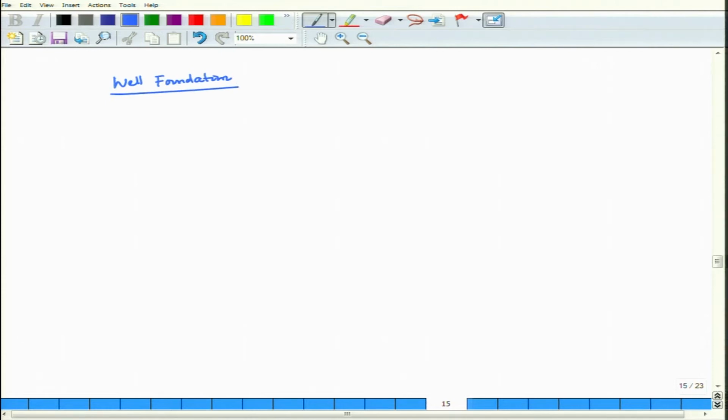Well foundation comes from caisson. It is also called caisson foundation. Caisson is a French word. It's a French word.